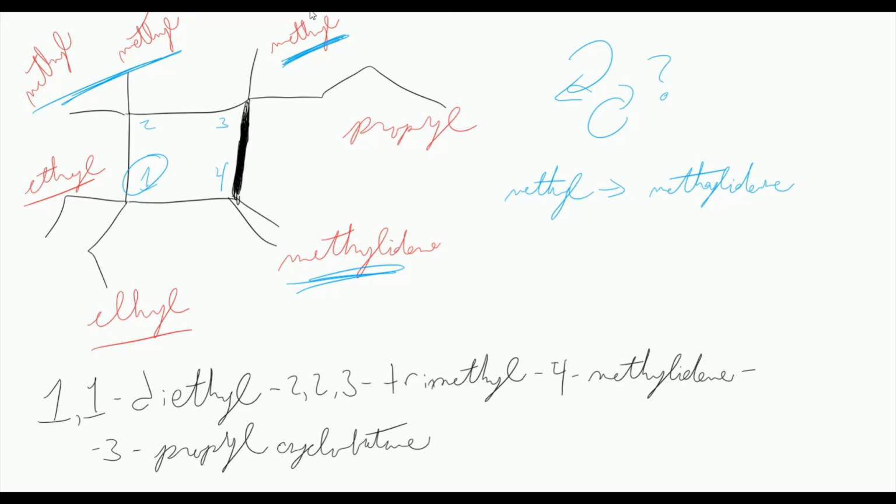There's 4 carbons on there, so that's but, no double bonds, so ane, and it's a ring, cyclo.